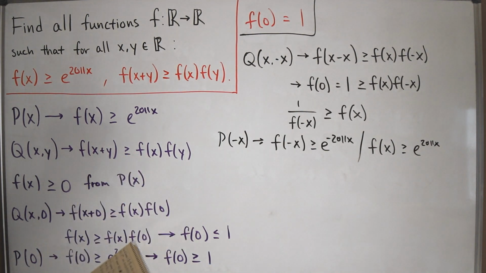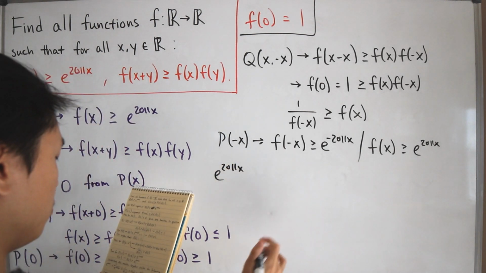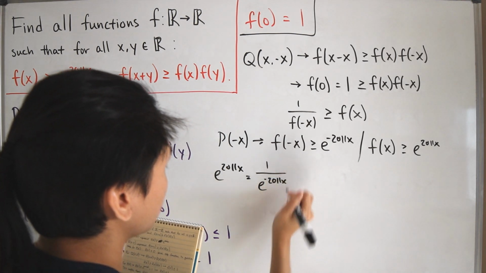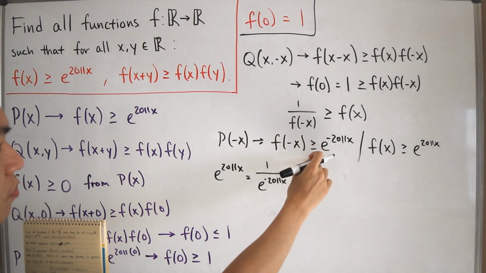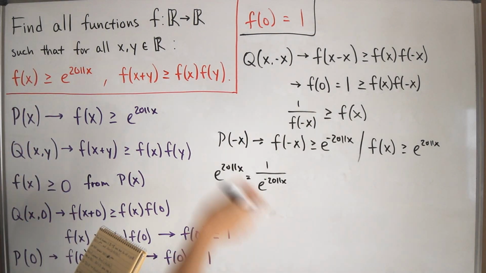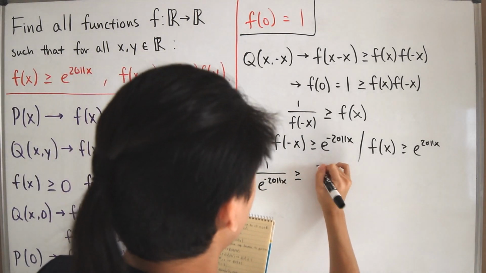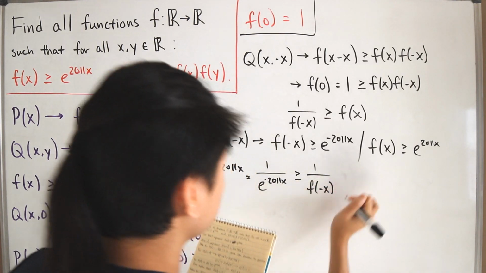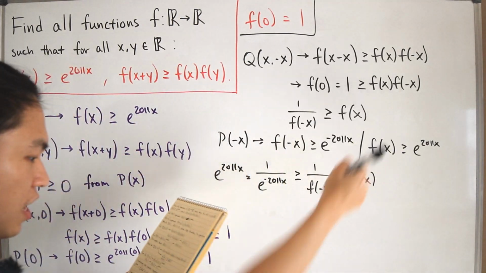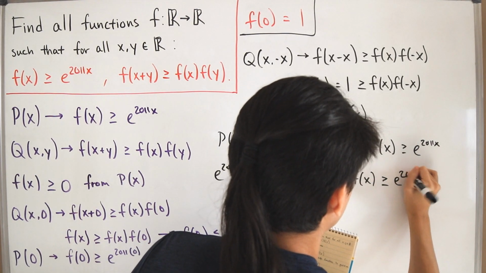Combining all this together, we can yield a nice result: e to the 2011x, which is the same thing as 1 divided by e to the negative 2011x, which, if we flip the reciprocal and switch the signs, is greater than or equal to 1 divided by f(-x), which, going back to this inequality, is greater than or equal to f(x), which of course with our given condition is greater than or equal to e to the 2011x.